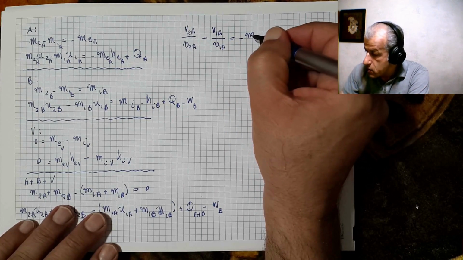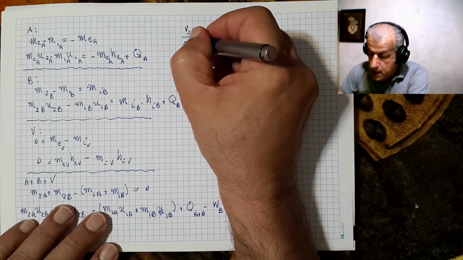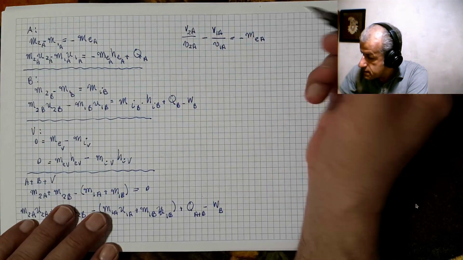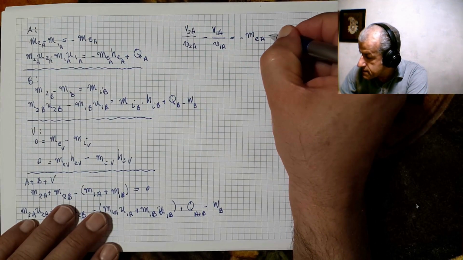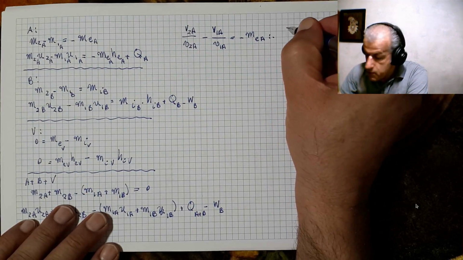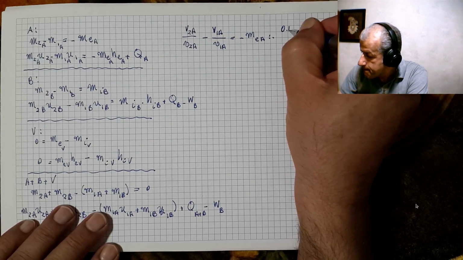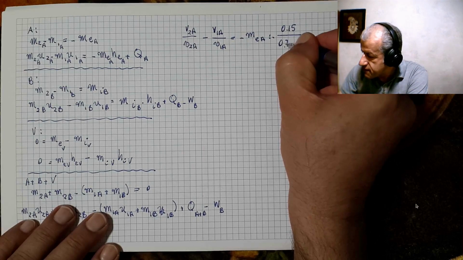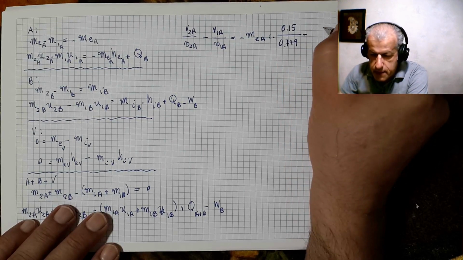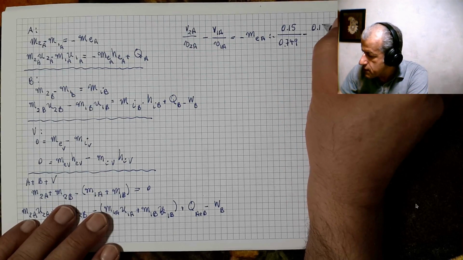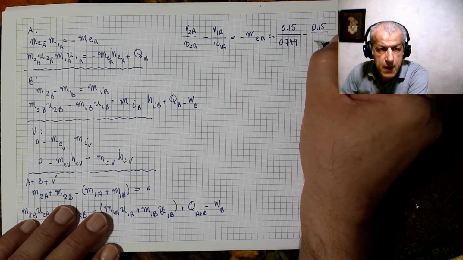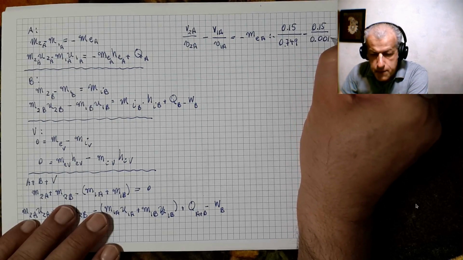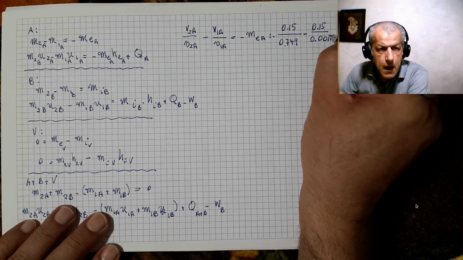And what we know here is that we could give values. Here, this is 0.15 divided by 0.749 minus 0.15 divided by 0.00119.